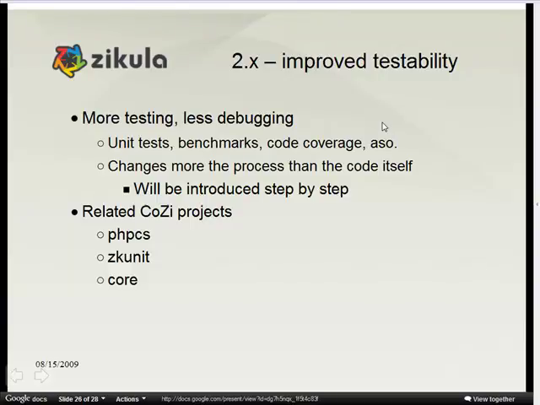So this is a very complex topic because it changes the development process more than the code. So we have to introduce it step by step so that the developers can understand it and will start to use it. There are several independent trends which come together in this section.